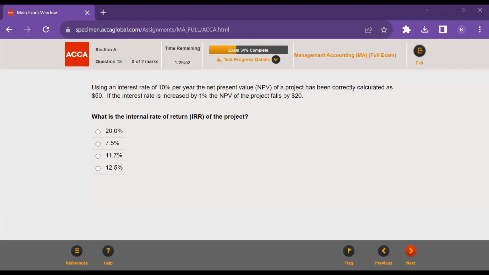So basically, IRR is nothing but the cost of capital at which your NPV is 0. So we are told over here that at 10%, your NPV is $50. And at 11%, your NPV falls by $20. So 50 minus $20 is nothing but $30.